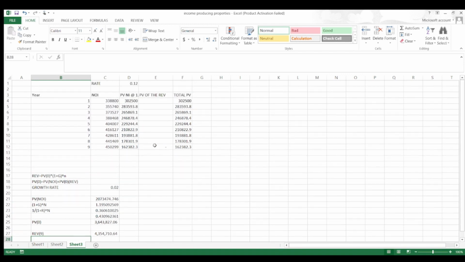We can also get its present value by dividing it by 1 plus our rate, all raised to 9.